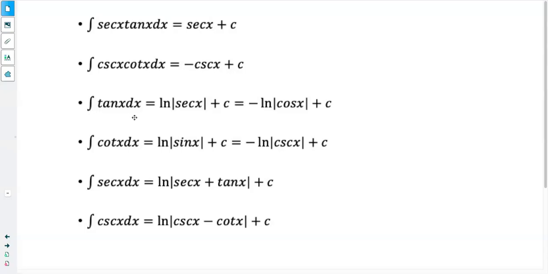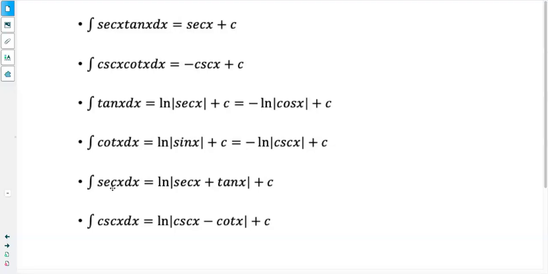The integral of tan x dx is equal to the natural logarithm of secant x plus c, which can also be written as negative natural logarithm of cos x plus c. And then we also have the integral of cotangent x dx equal to the natural logarithm of sine x plus c, which is the same as negative natural logarithm of cosecant x plus c.